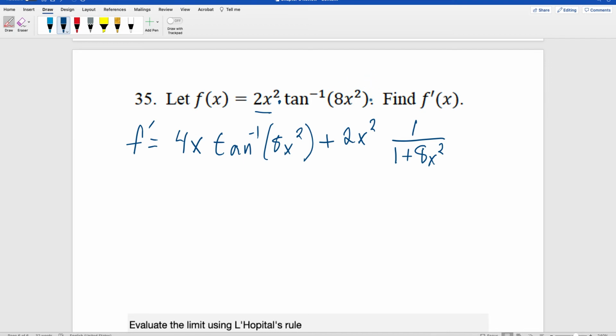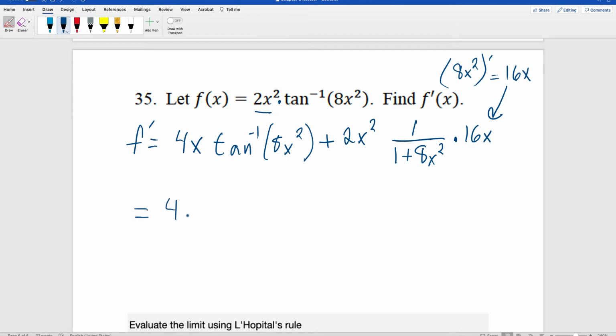So then we multiply by the derivative of the input. We're going to need to multiply by, the 2 comes down, so I'll do it over here, 8x squared. The derivative is going to give us 16x, right? So I kind of show where that came from. And that goes up in the numerator. So now we just have some cleaning up to do. I think that's all I have to do.